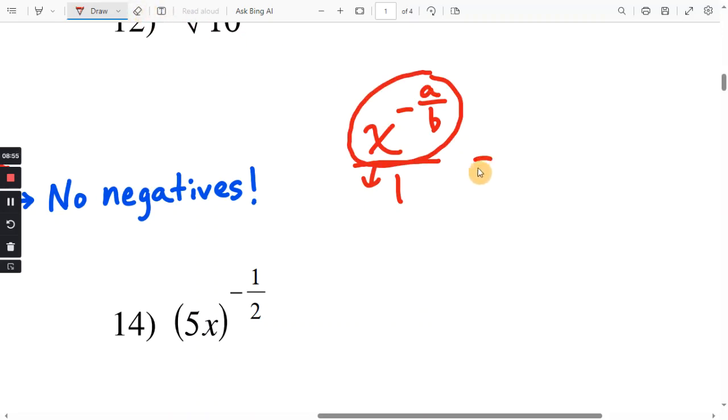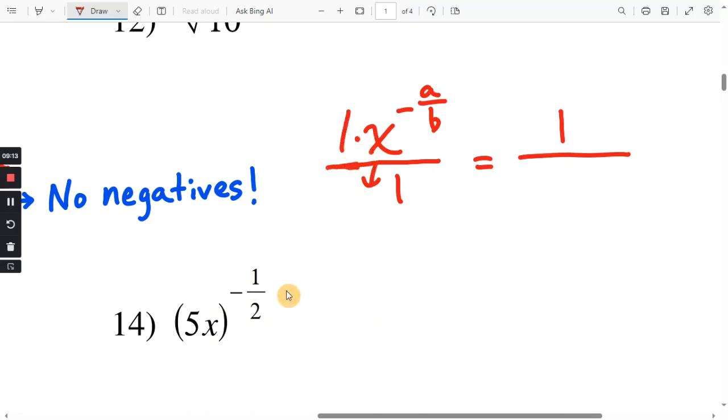Just if you're thinking, well, where did the 1 come from? Well, you can multiply anything by 1, right? If this is x, you can say it's the same as 1 times x. That's the same thing.